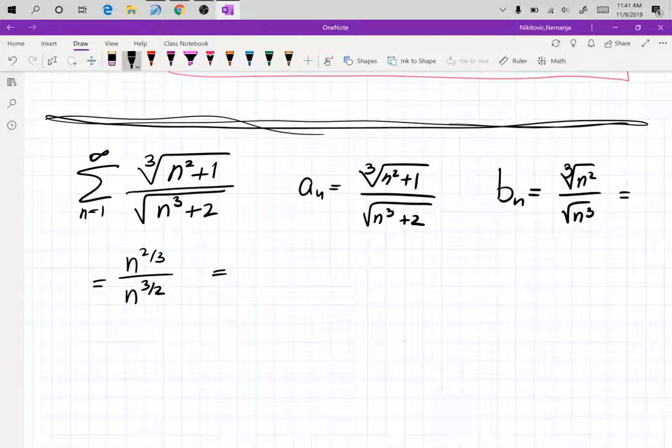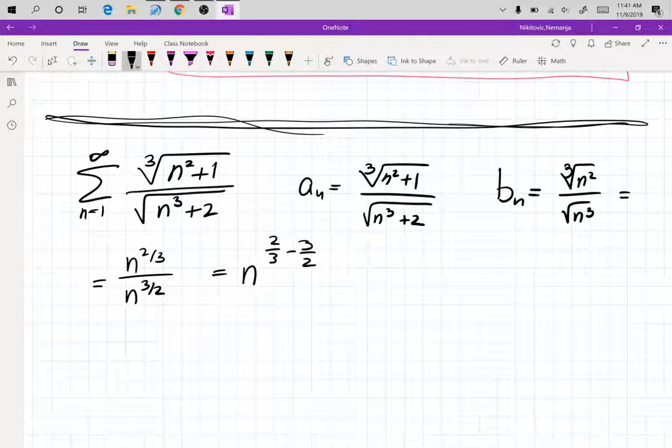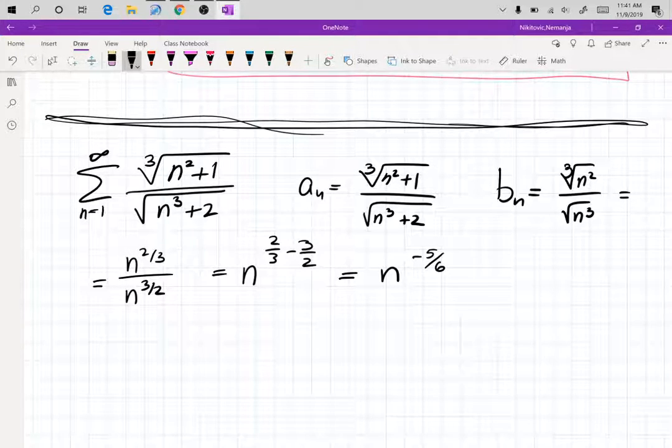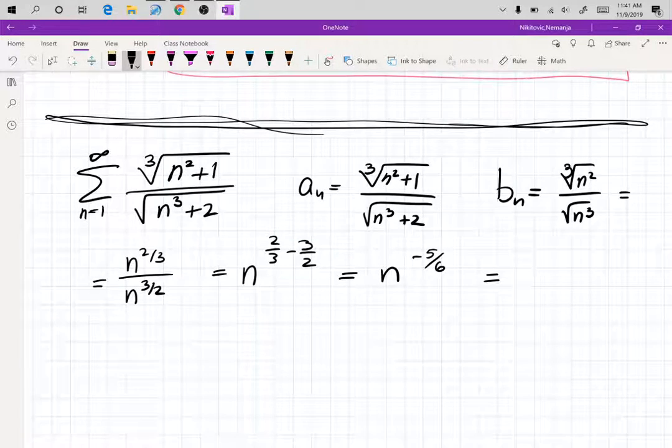And you can even combine it into a single n as 2/3 minus 3/2. So n to the what? 5/6, it's 4 minus 9, negative 5 over 6. So that's going to be 1 over n to the 5 over 6.